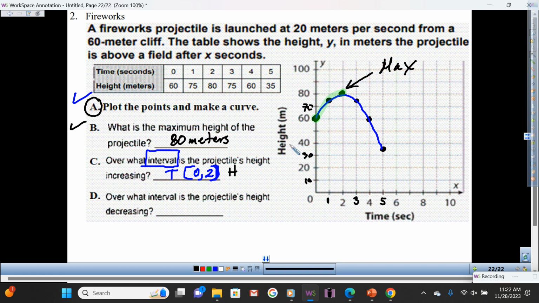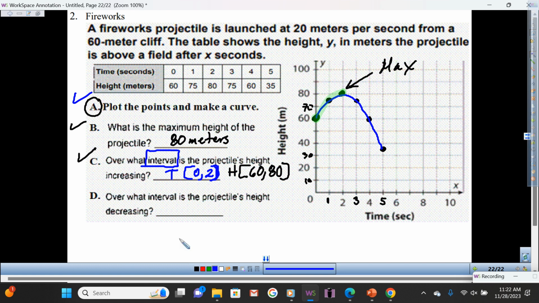Yeah, it's increasing. Miroslava gave us in time that interval increasing, but we now need an interval for the height when it's increasing. From where to where? So bracket 60, comma 80, bracket. Hands if you got that? All right. So we're done with part C.